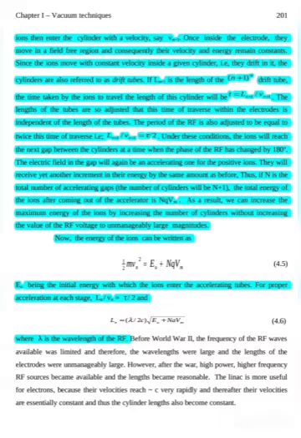The length of the tubes is also adjusted so that this time of traverse within the electrode is independent of the length of the tubes. The period of RF is adjusted to be equal to twice this time of traverse. That is, Ln plus 1 by Vn plus 1 is equal to tau by 2.